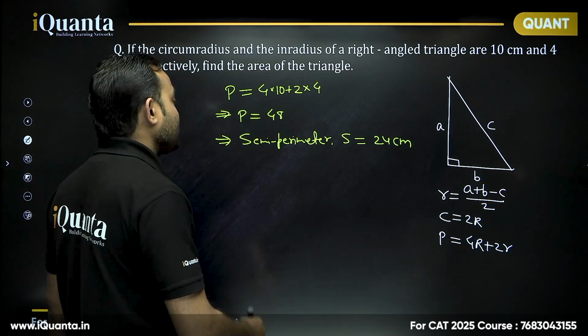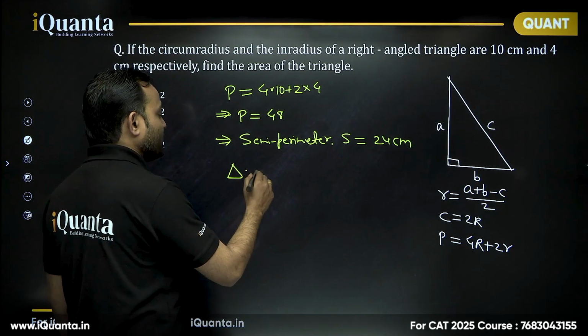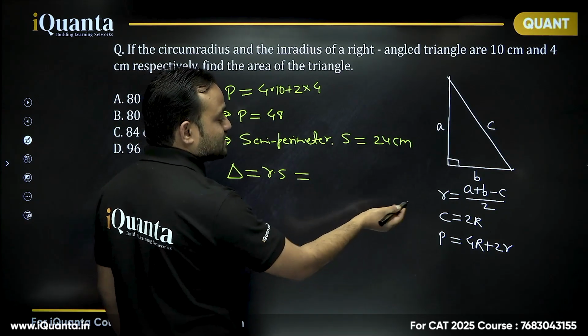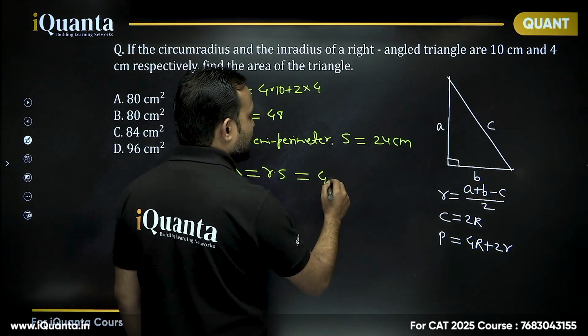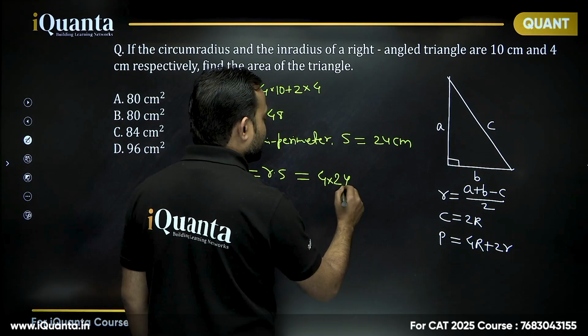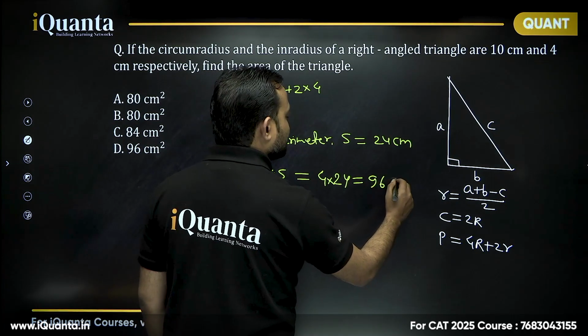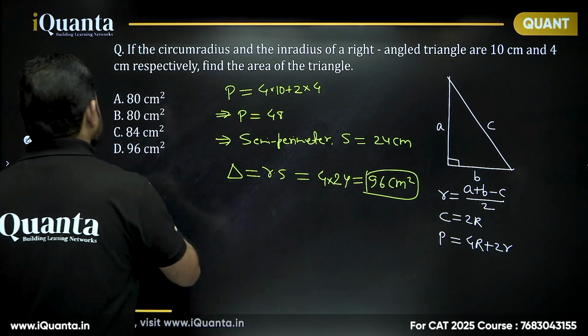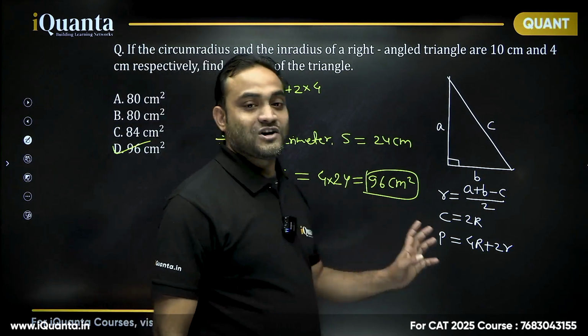And how do we find area of a triangle? Area of a triangle is equal to R into S. Now use this. R is given 4, S is 24. So 4 into 24, we get 96 centimeter square. And that is the area of this right angle triangle.